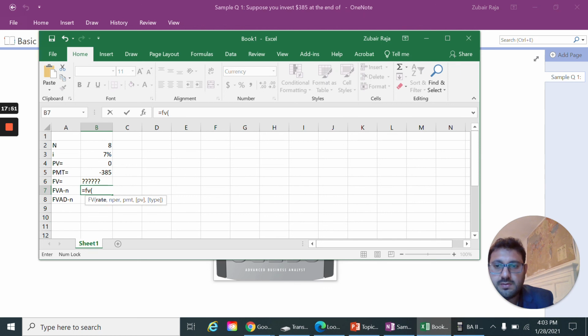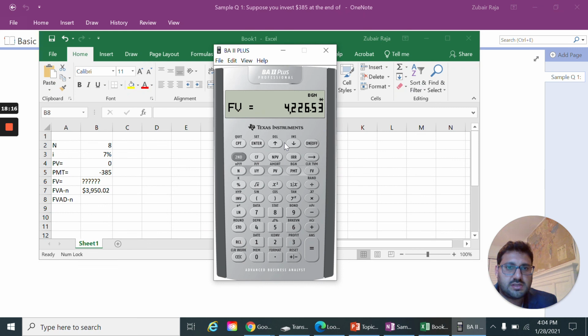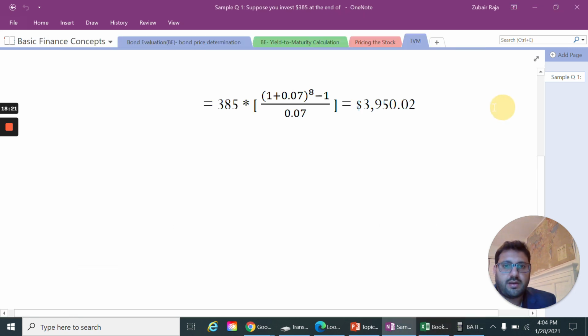So FV, rate, number of time periods, payment minus 385. Again the same concept: I'm not able to use this 385, so I put the minus, and 0, and here you go, 3950.02, the same thing which I got over here.